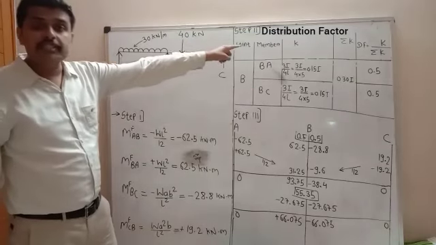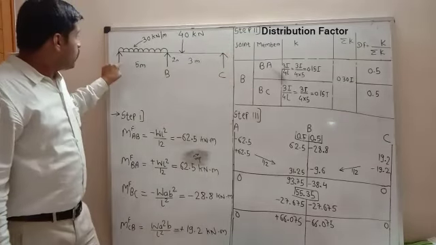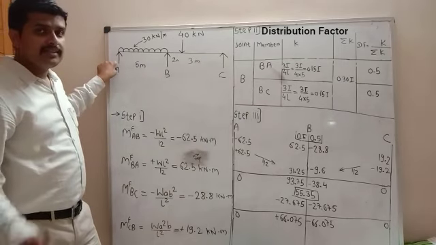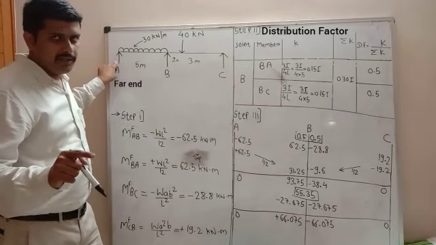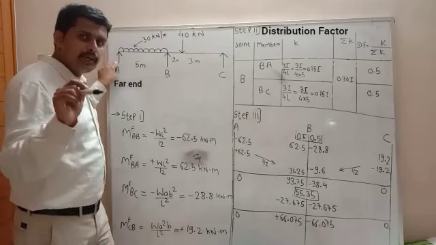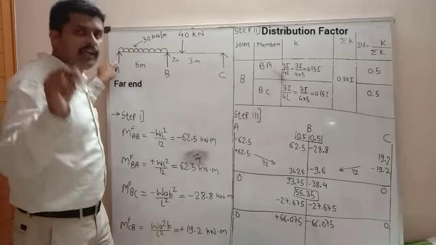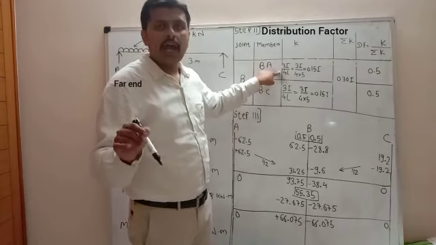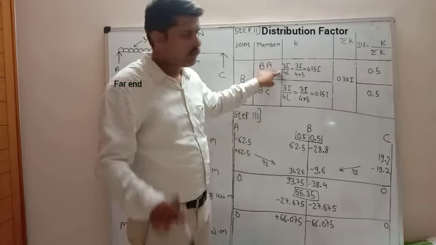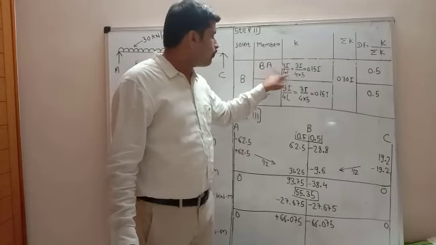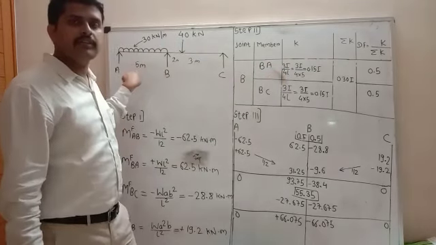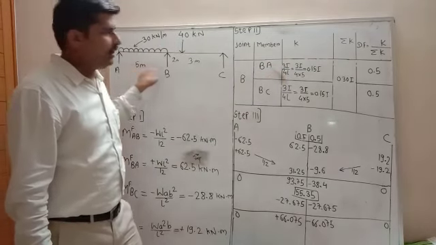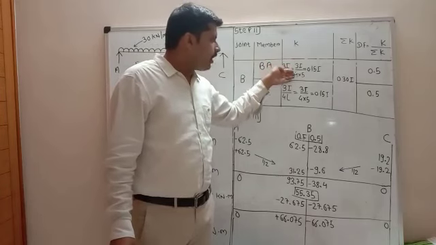Now that is stiffness factor. The far end is simple support. So if the far end is simple or roller or hinged, the formula will be 3I upon 4L. So 3 into I upon 4 into 5, where 5 is the length of span AB. So it will be 3I upon 20.